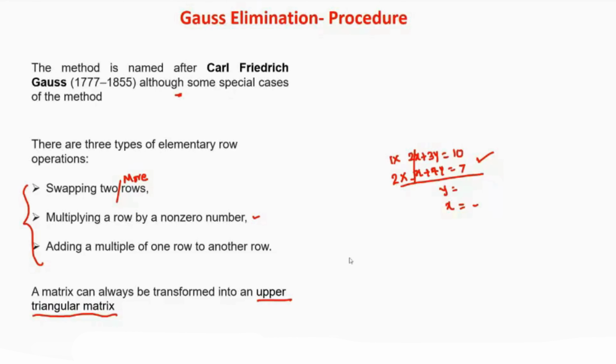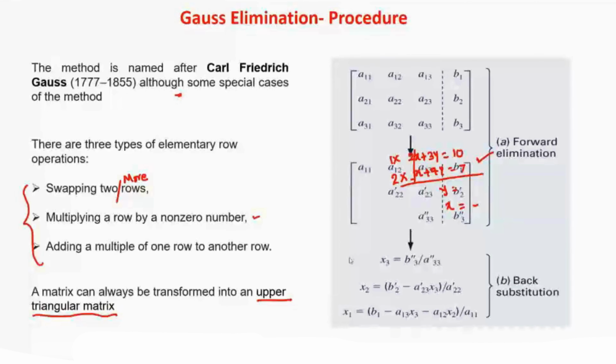So therefore, upper triangular matrix is preferred in a number of cases. This is the given matrix, the initial matrix, which is converted into an upper triangular matrix. It means that an upper triangular matrix contains zero elements below the diagonal elements.